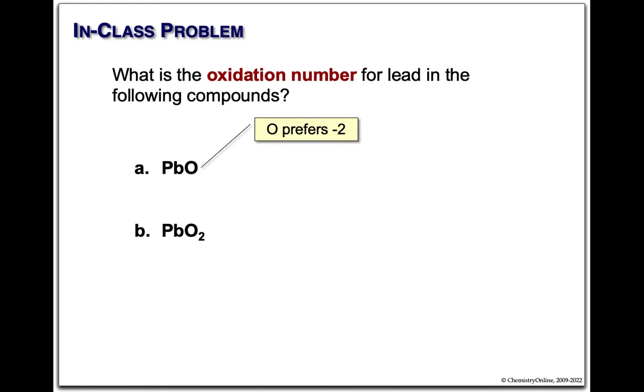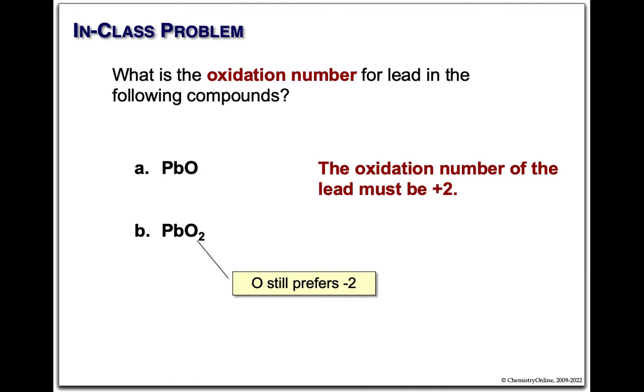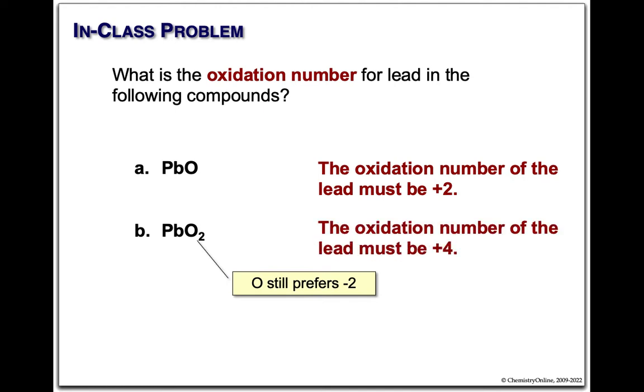If this is neutral, that means the lead must be plus 2. Here we have 2 oxygens. They each want to be minus 2. So this is 4 negatives, right? To make it neutral, the lead must be plus 4.